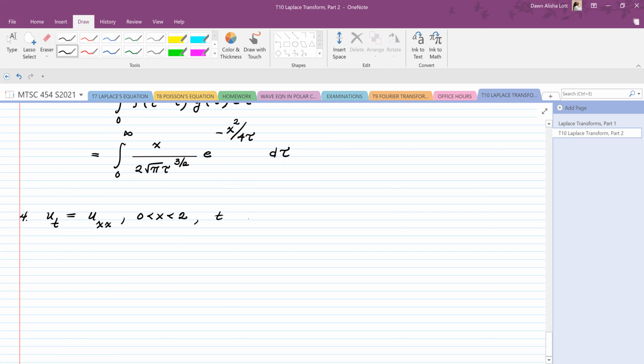So this is one that we could solve using separation of variables. u of 0, t equals u of 2, t equals 0, and u of x, 0 is 3 times the sine of 2 pi x.